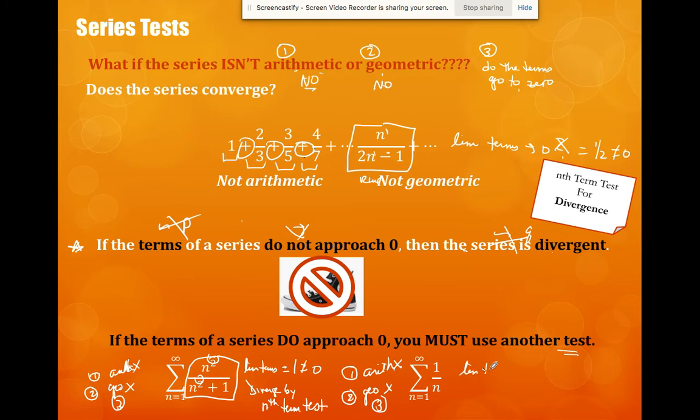Does the limit of the terms go to 0? Yes. The limit of the terms goes to 0, which is inconclusive. This series might converge or diverge. I need another test.